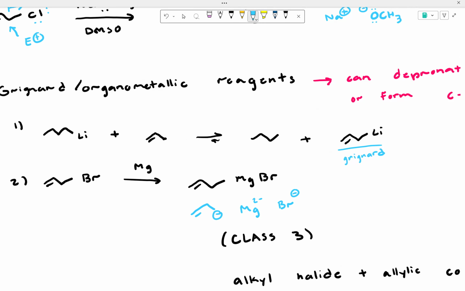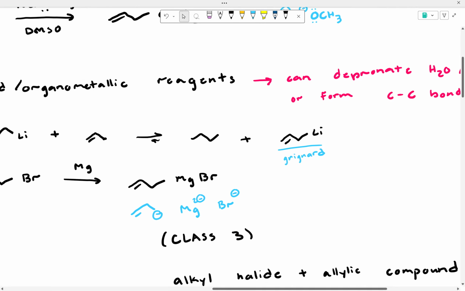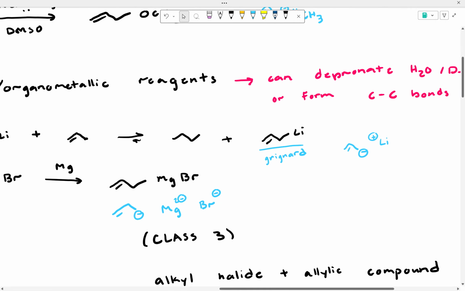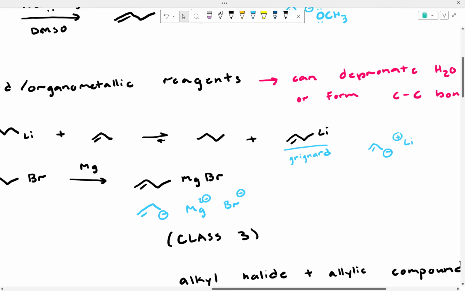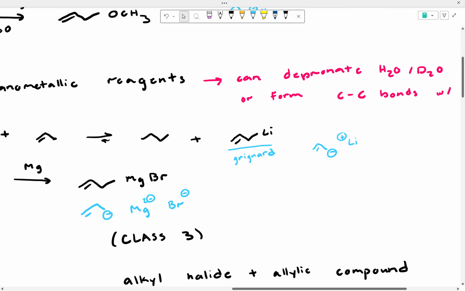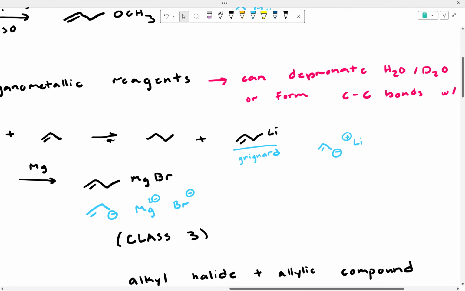And the same is happening up here with this Grignard. This has a negative charge, while lithium has a positive charge. We draw it as having a bond, but this is what happens in reality. And this helps us understand why we would attack a carbonyl compound.